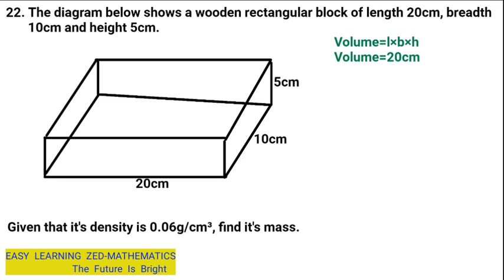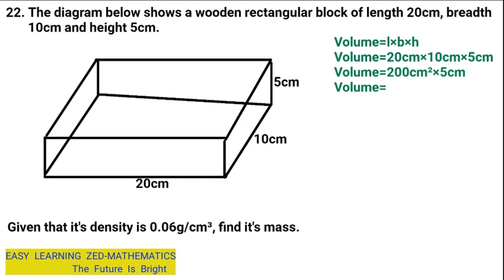Then volume is equal to 20 centimeter multiplied by 10 centimeter, which gives us 200 centimeter squared, multiplied by 5 centimeter. 200 centimeter squared times 5 centimeter gives us 1000 centimeter cubic.